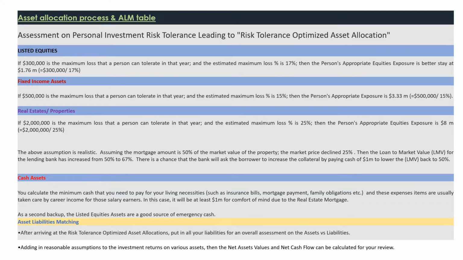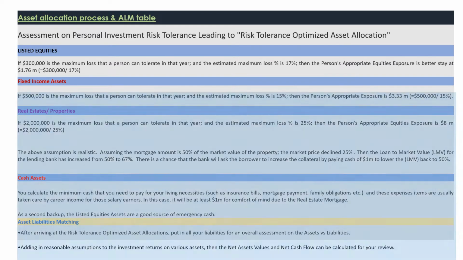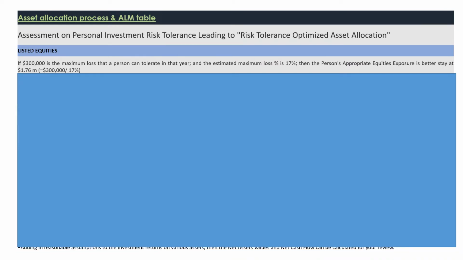Before we calculate the financial independence ratio or duration, or deduce your retirement age, I would like to remind you how to get your optimized asset allocation through a risk tolerance approach. I use listed equities as an example.